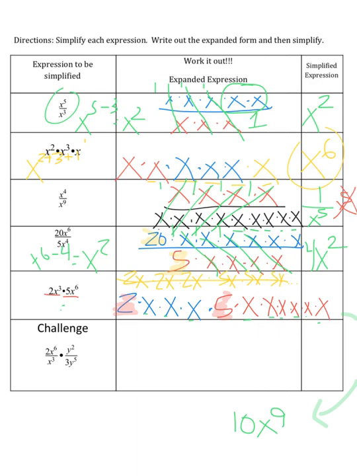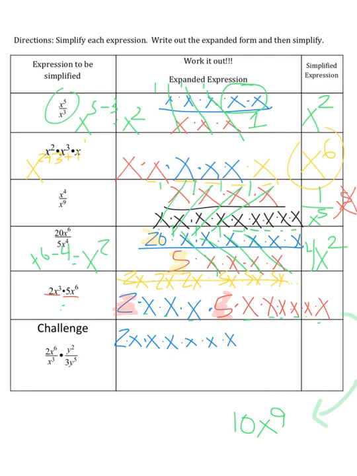For the challenge problem, we're applying similar ideas to those previous problems. So we have multiplying those two expressions, those two terms together. And if we want to write this in expanded form, well, 2x to the 6th in expanded form would just be 2 times x times x times x times x times x times x.